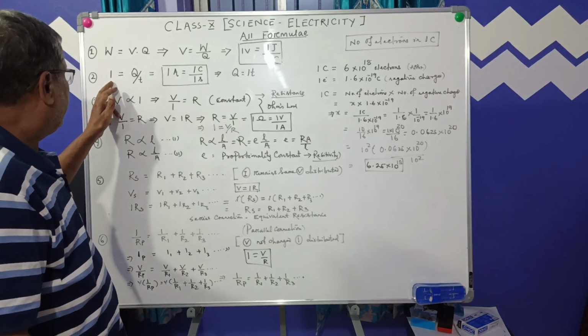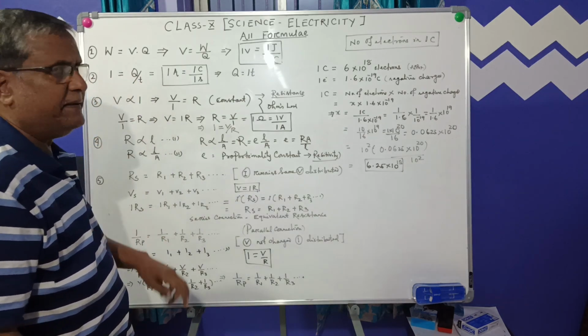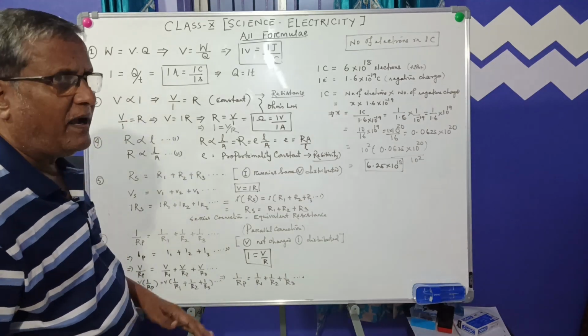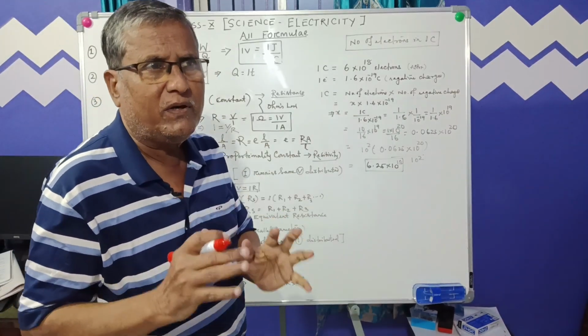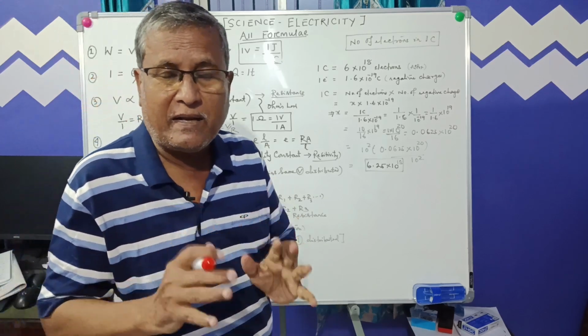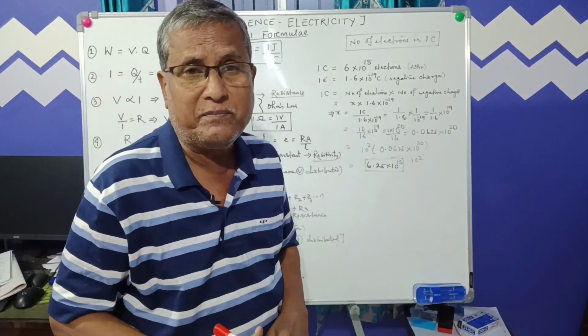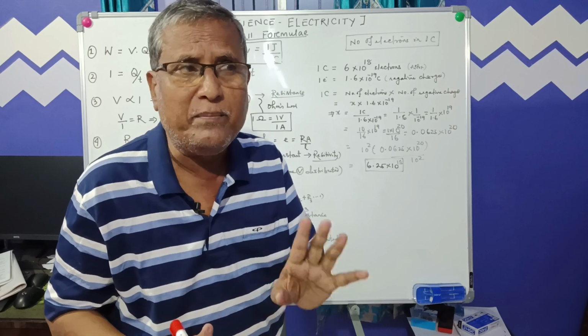So I is equal to Q by T. What is I? I is the amount of electric charge flowing per unit time, per second.